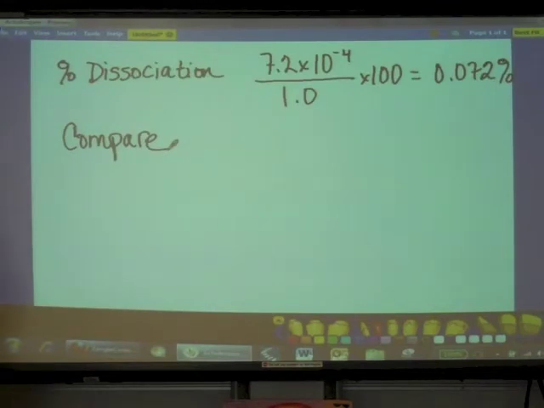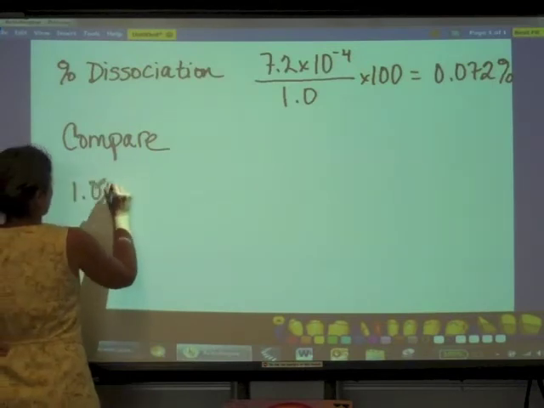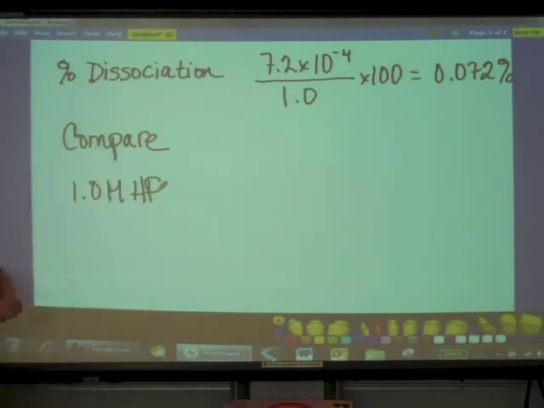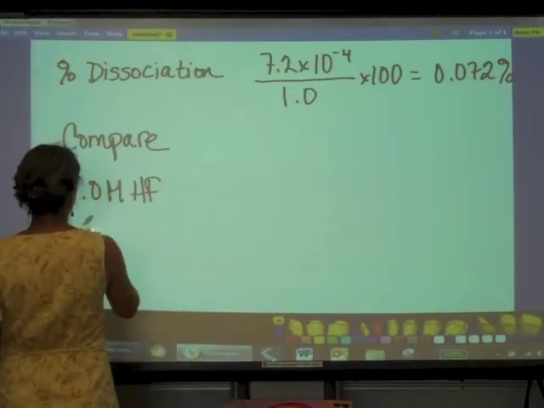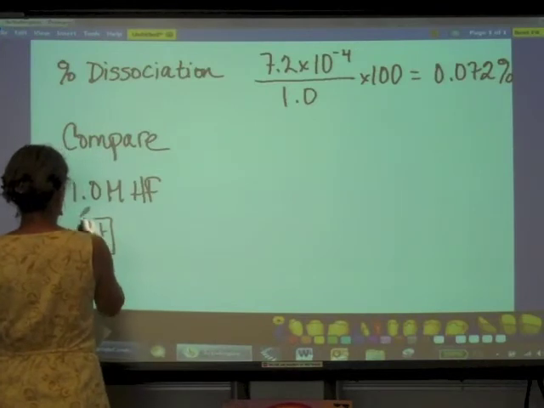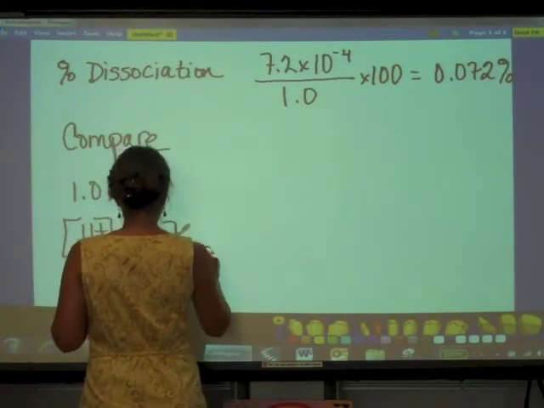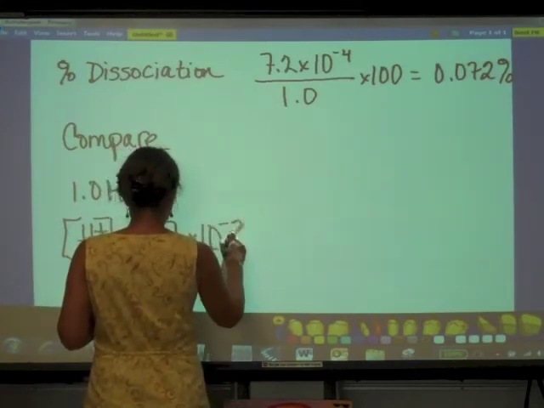If our solution had only been 1.0 molar HF, so a 1 molar solution of hydrofluoric acid, and we set up an ICE diagram and plug into our equilibrium expression, what we end up getting is a hydrogen ion concentration equal to 2.7 times 10 to the minus second.